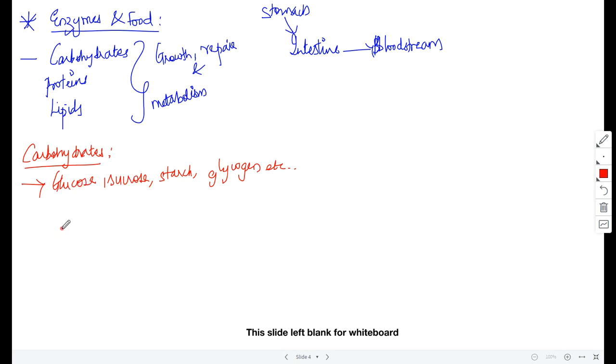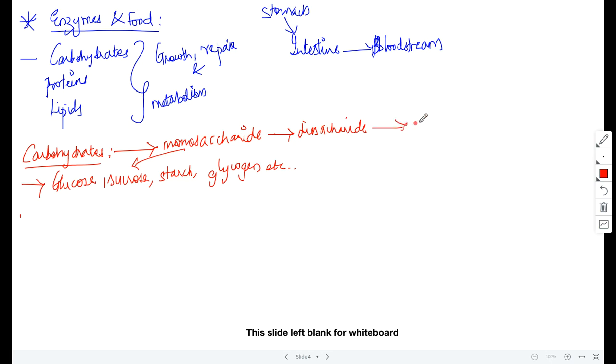We are talking about carbohydrates. The basic building block of a carbohydrate is referred to as a monosaccharide. Monosaccharides include simple sugars like glucose, fructose, and all. When two monosaccharides are joined together, they form a disaccharide.